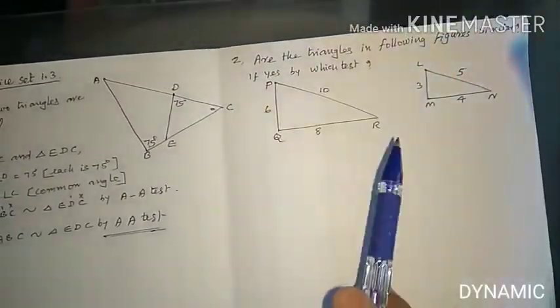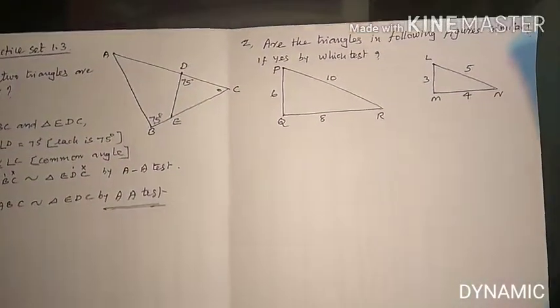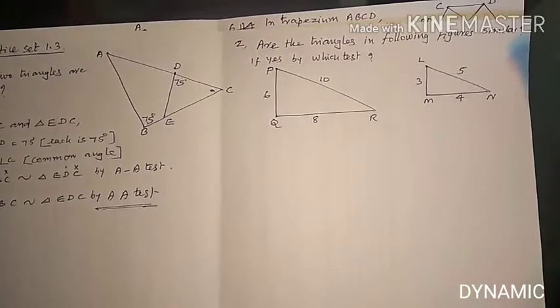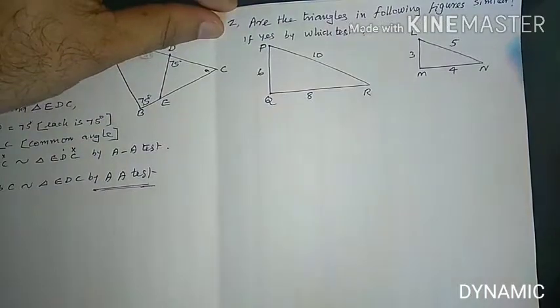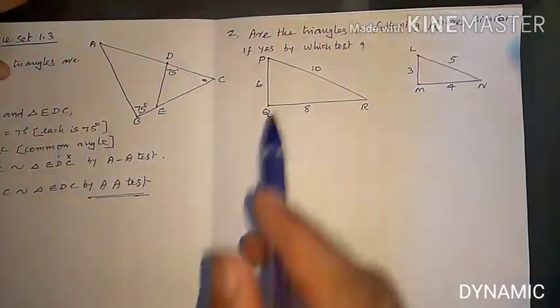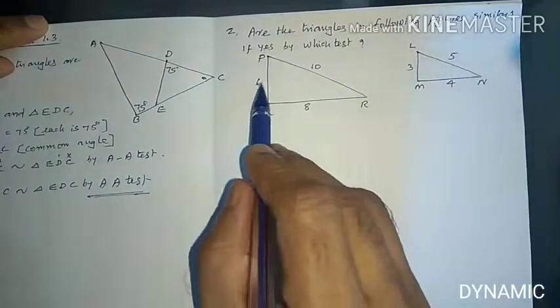Are the triangles in the following figure similar? Here, two triangles are given, triangle PQR and triangle LMN. Sides are given.